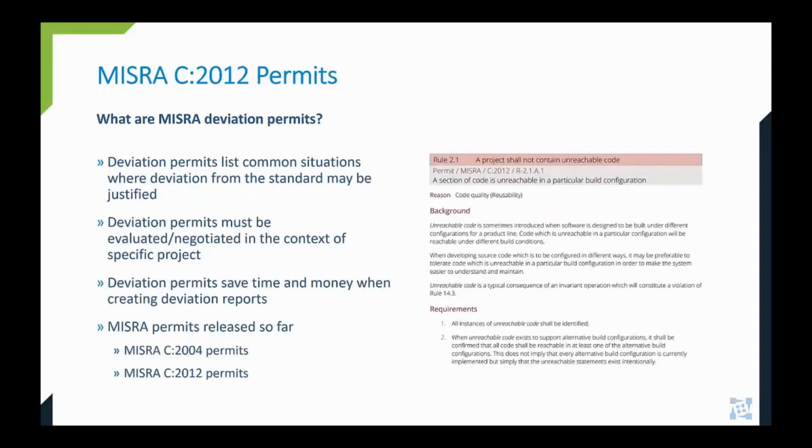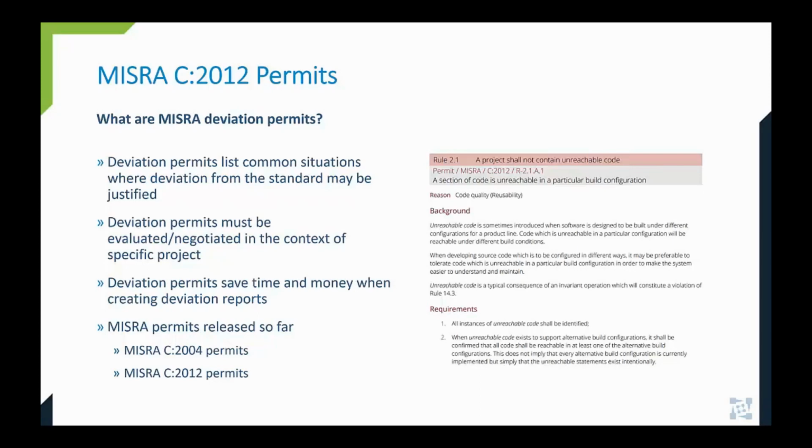And then we have MISRA permits. MISRA permits are very helpful when deviating from the standard. The MISRA permits is a document containing common use cases, say typical code constructs in the context of specific rules, when deviating from the standard may be acceptable.